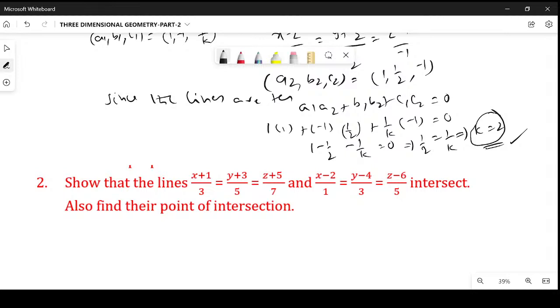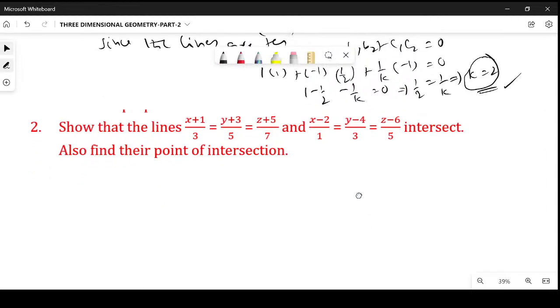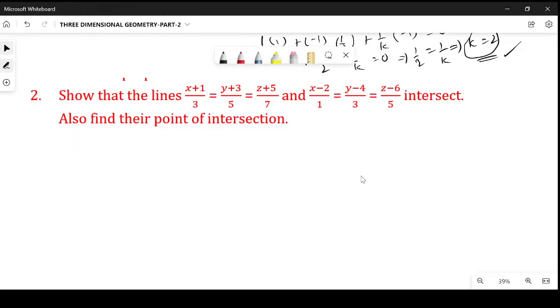Now you can see that when I am doing the second one, it says: show that the lines given intersect, and also find their point of intersection.